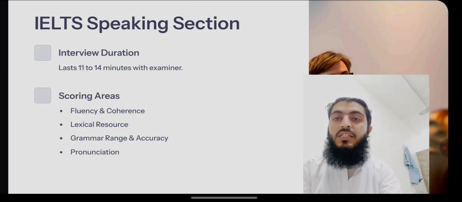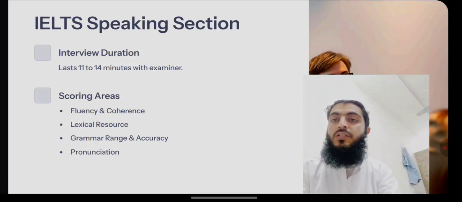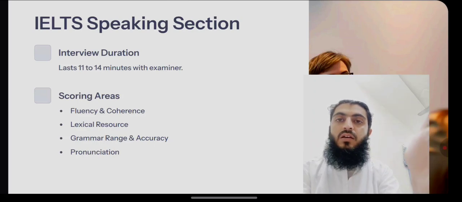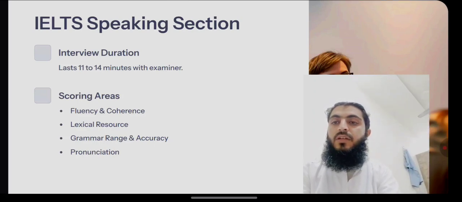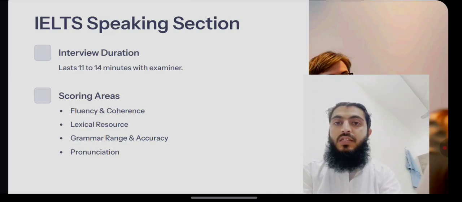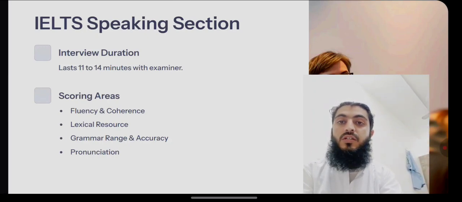So in the speaking section all of these things count. To get better bands in speaking, keep in mind that you must work on fluency, coherence, lexical resource, grammar range and accuracy, and your pronunciation.